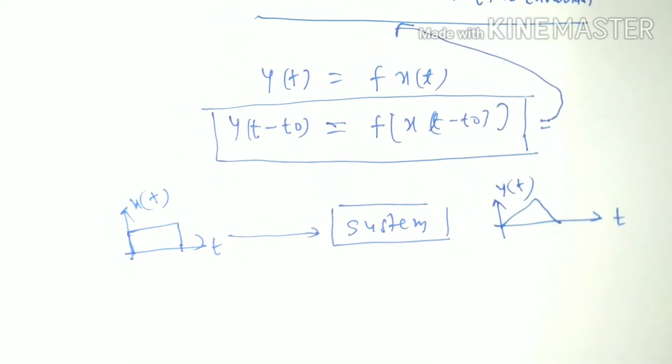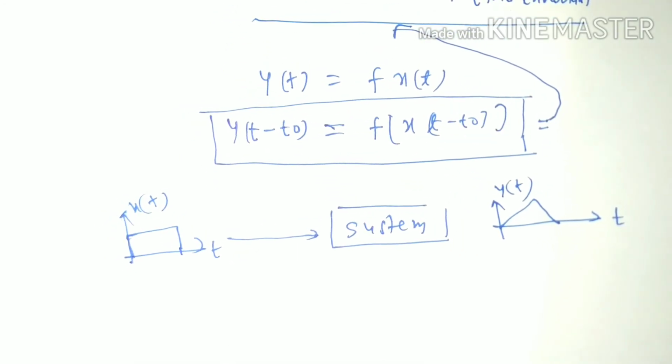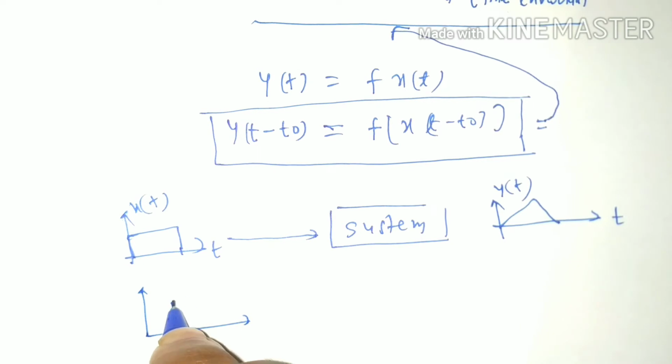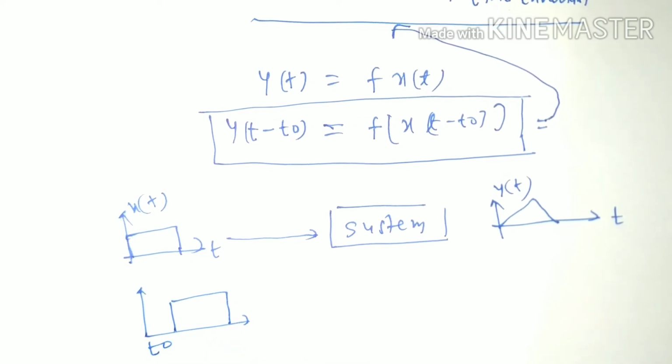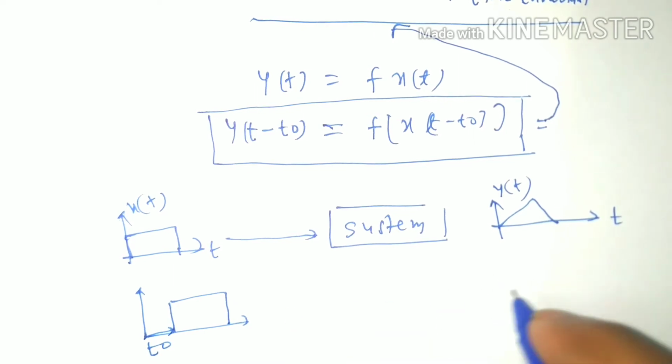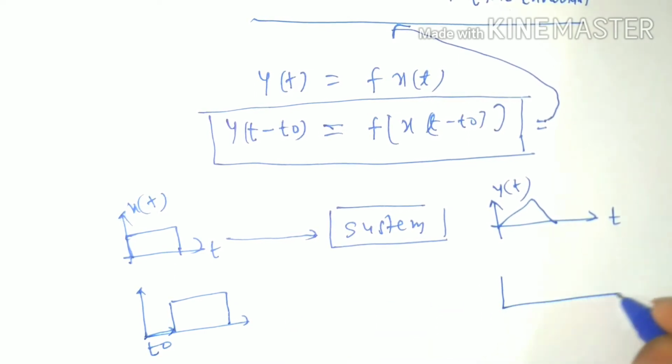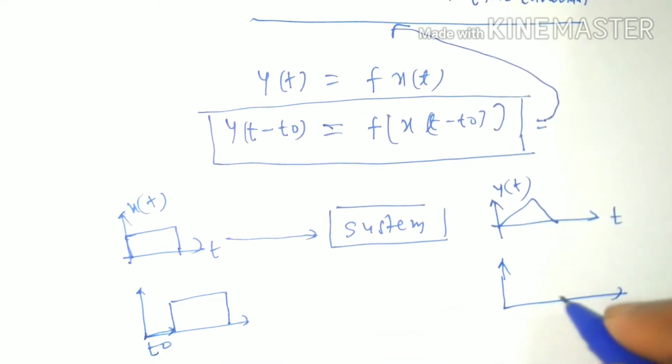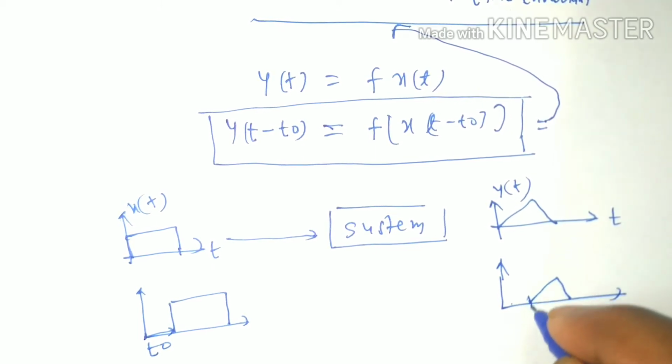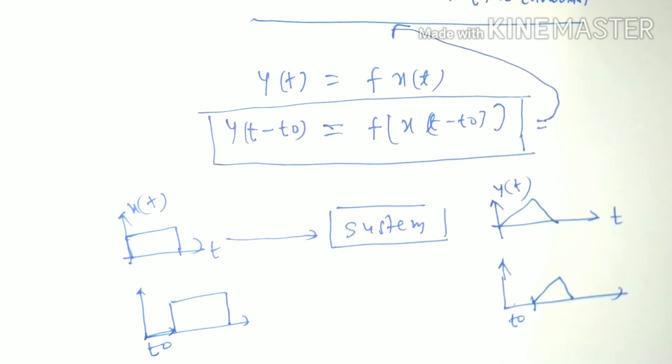If a system is time invariant, then if we shift that input signal by t naught, the output will also shift by the same time delay t naught.